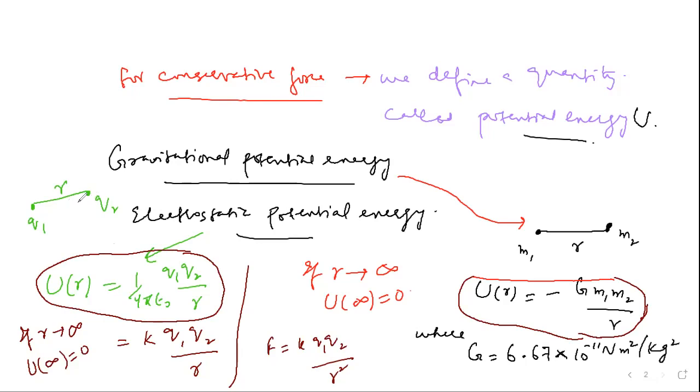Now, if two charges are unlike, that means one is positive, another one is negative, then the potential energy will turn out to be negative, right? And if they are like, force is repulsive, then potential energy will be positive. So positive potential energy characterizes repulsive force, and negative potential energy characterizes attractive force, right?